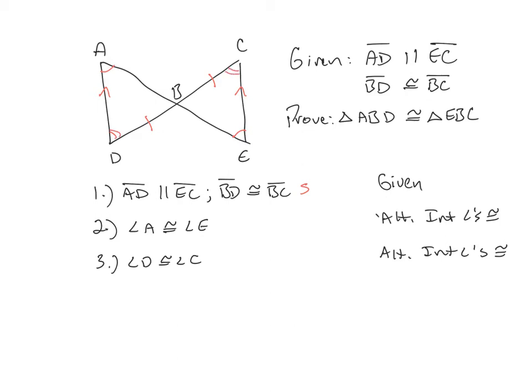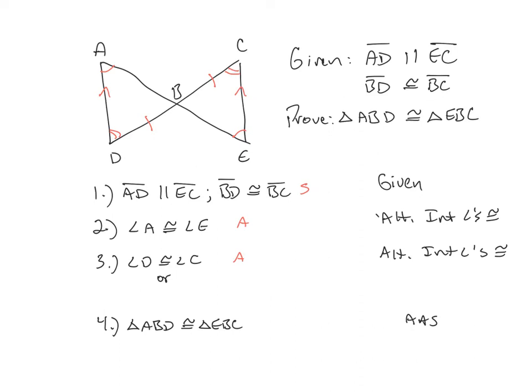So you could do that, in which case, and I'm going to leave a space, here's an angle and here's an angle, and when you look at it you have angle, angle, side. So you could say that triangle ABD is congruent to triangle EBC, and you would say angle, angle, side.